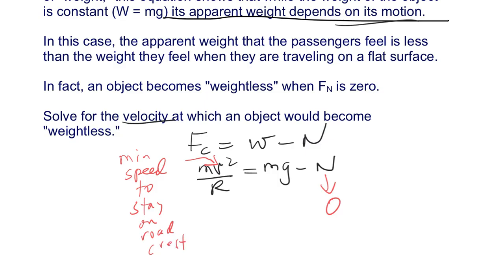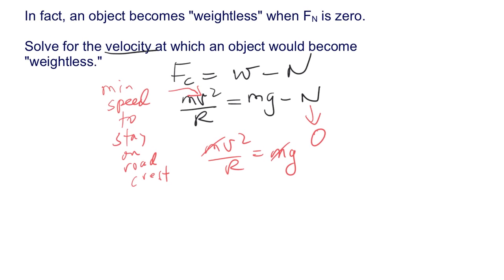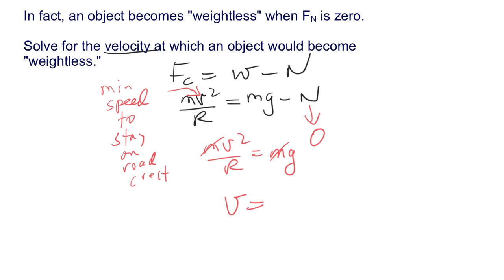Top, near the top. So, let's just work this out. mv squared over r equals mg, because n is 0, and the m's cancel out. We get something that looks familiar. Velocity equals the square root of the radius times the acceleration due to gravity, which is 10.